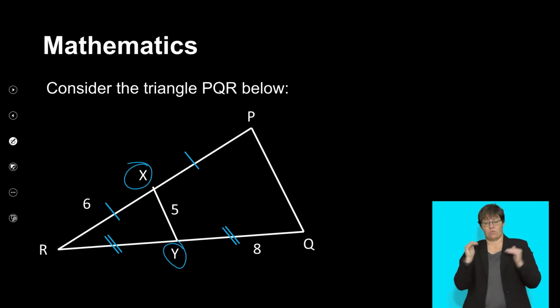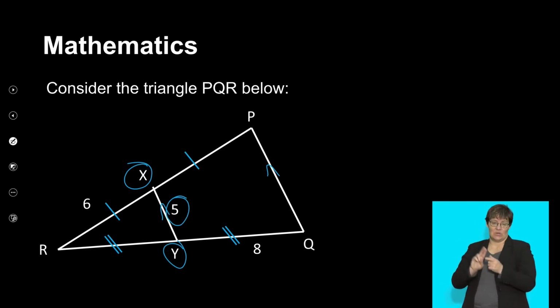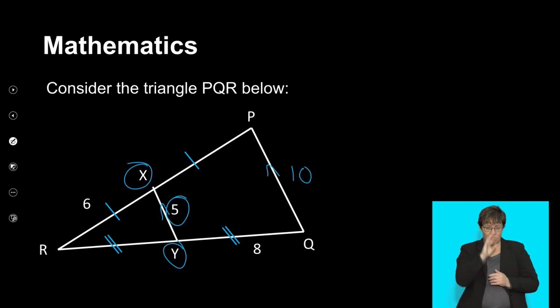And then RY is equal to YQ. What do we know here? What is implicit about this? The implicit thing will be this is going to be parallel to that because of the midpoint. Because of the 5 centimeters there, or 5 units rather, because they didn't give us units, I will then say this is 10 units because remember they have a relationship of 1:2, right?